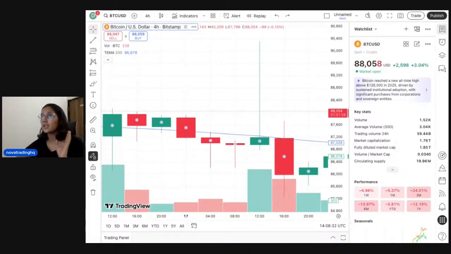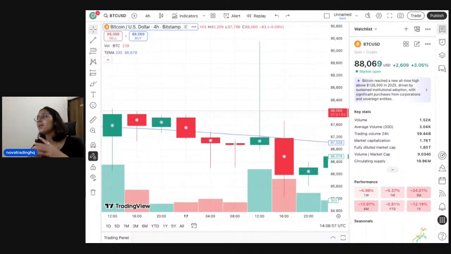So what happened? Let's understand this. The price pushed higher into 88 point something, as you can see here. They tried to push it into the 88.6K zone, but they failed, right?